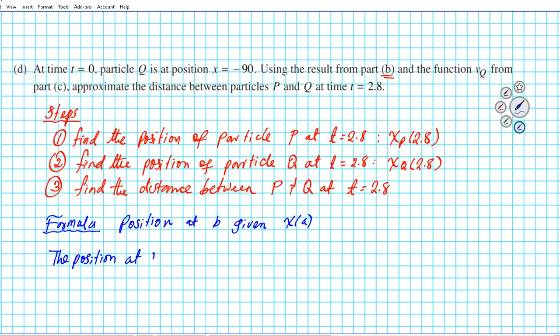The position at B is the same thing as x sub B. The position at B is equal to the displacement. Guess why I'm choosing A? Because we're given x of A. You've got to work with what you're given. So the position at B, which is x of B, is the displacement from A to B. Is that all that you look at? No. Plus the initial position, which is x of A. Bam. So this is the formula for position.